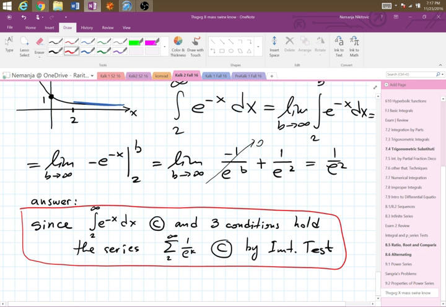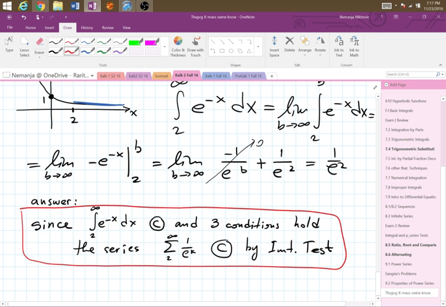A very important note here is that we don't know the value to which the series converges. How do you know that? Oh, yes. We can find it using geometric series in this case, yes. But it's not this, right? It's not that. So the integral and series converge or diverge together.